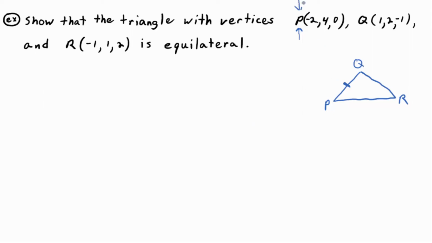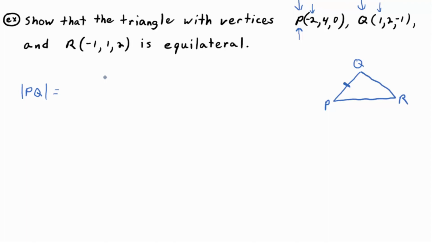So look at point P, look at point Q, apply the distance formula. So PQ, I suppose we'll use an absolute value symbolism for the length of it. Let's think distance formula. I just take the difference between the x values, square it.